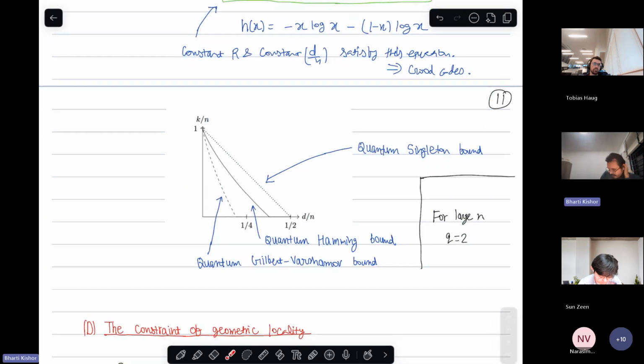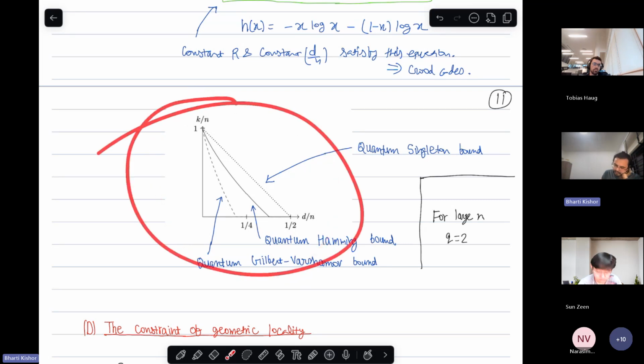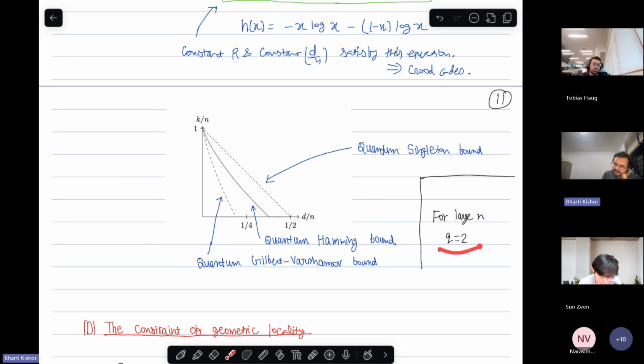So this is the figure. I don't know the exact number, I just took it from the book. This is for large n and q equal to 2. But still, I would say there are certain real-world constraints which have not been taken into account here.